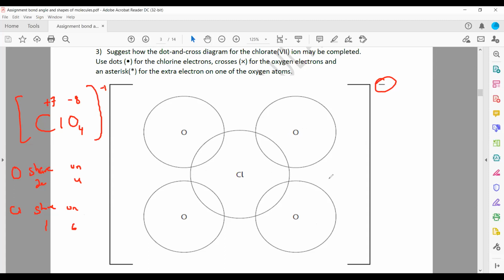And there is one extra electron. That extra electron we have to represent by a star or an asterisk. Because there is an extra electron, the net charge is -1. Now what happened?